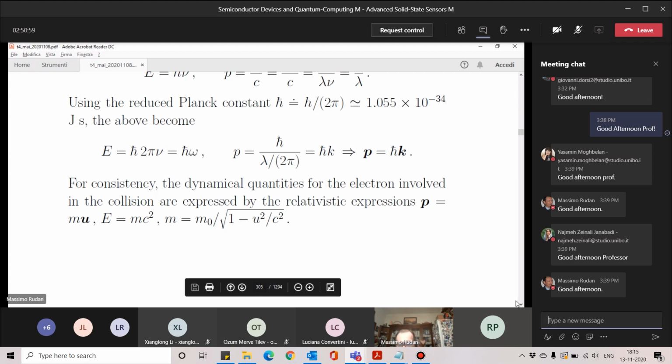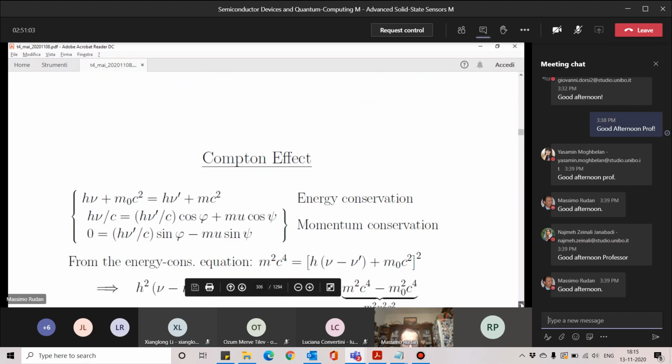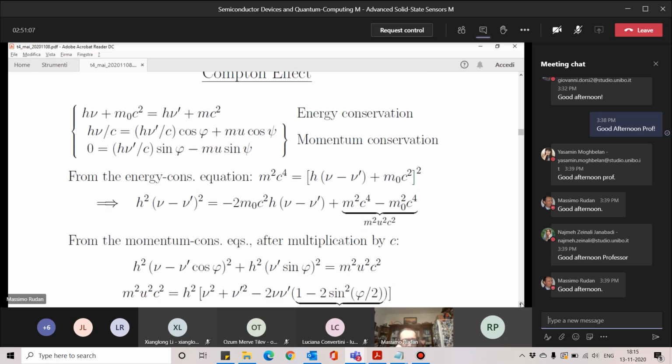This is what makes the calculation complicated. After a long calculation, we can eliminate psi. The object of the calculation is to eliminate psi and define the variation in the frequency of the photon as a function of angle phi.